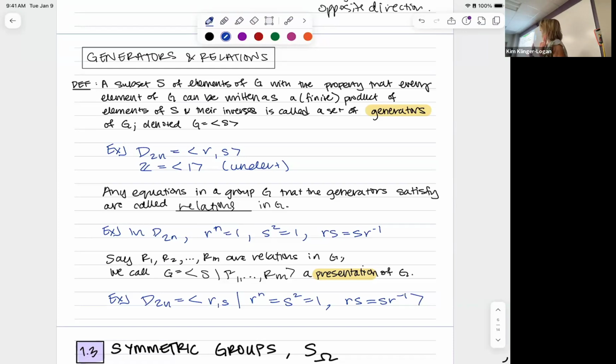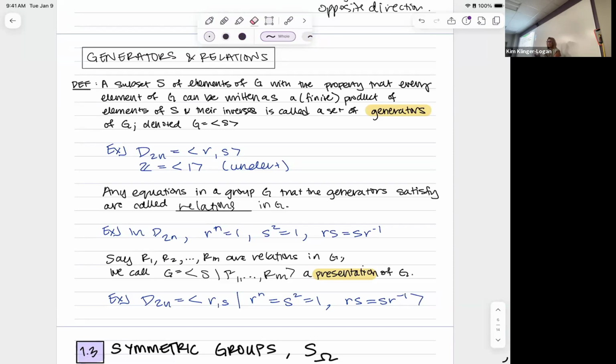Great. Questions? Yes. How do we show that two presentations are the same? Or do we just manipulate the relations? Yeah. So to show that two presentations are the same, you'd want to show that you can get from one set of generators to the other, that the sets of generators are equal.